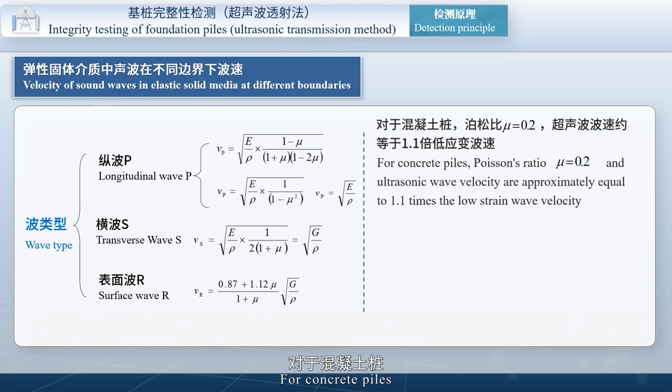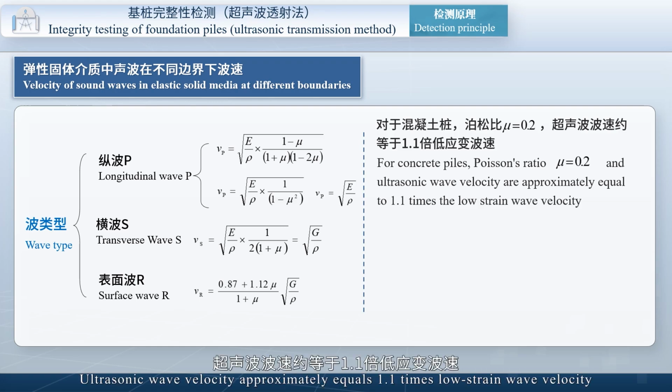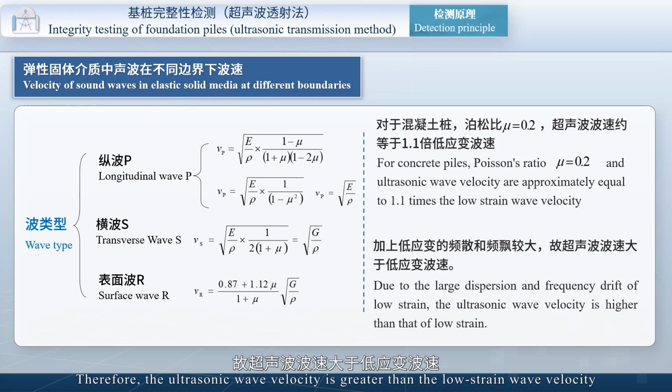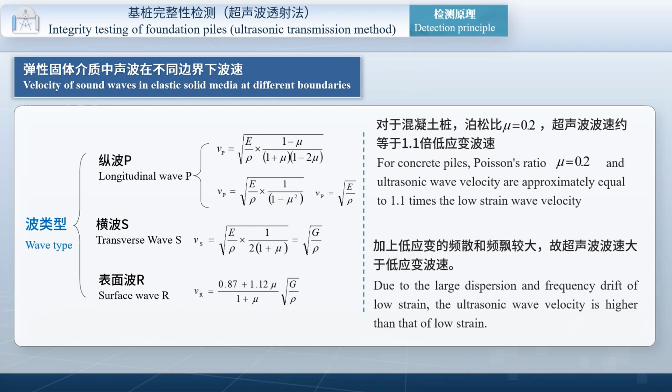For concrete piles, given the Poisson ratio, ultrasonic wave velocity approximately equals 1.1 times the low strain wave velocity, combined with significant frequency dispersion and drift in low strain conditions. Therefore, the ultrasonic wave velocity is greater than the low strain wave velocity.